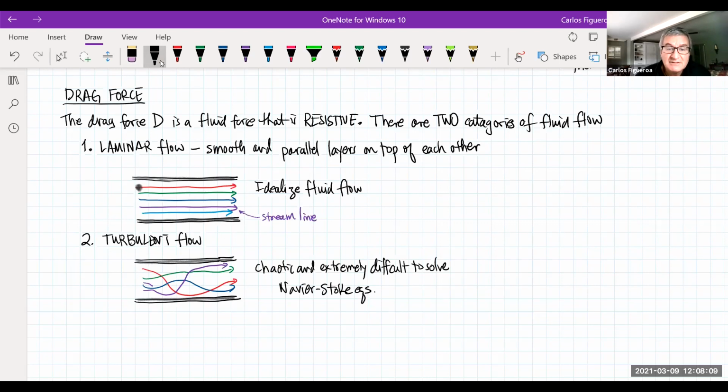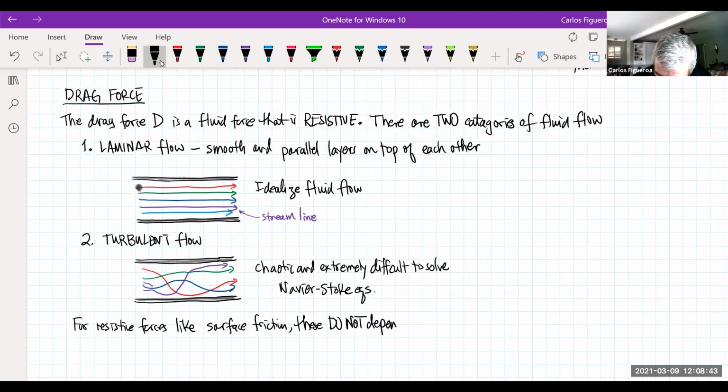What you find here is that the frictional force does not depend on speed. If I compare, because these are resistive forces, resistive forces like surface friction do not depend on speed.